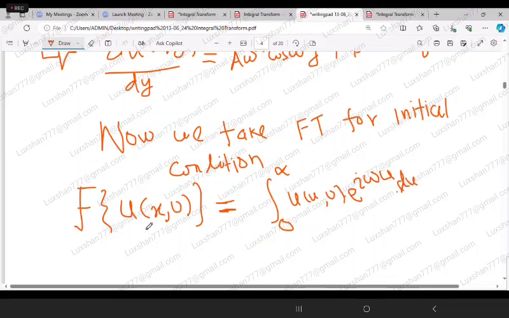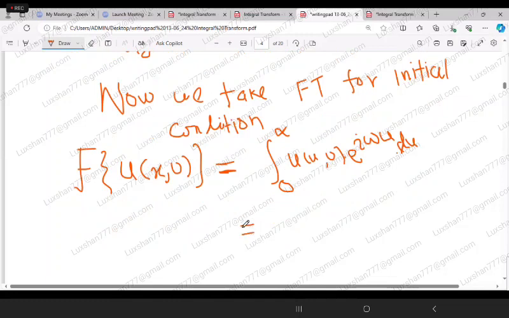We are taking the Fourier transform of the function u x comma 0 here. So this is equal to u bar omega 0.